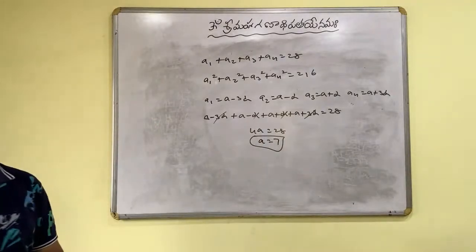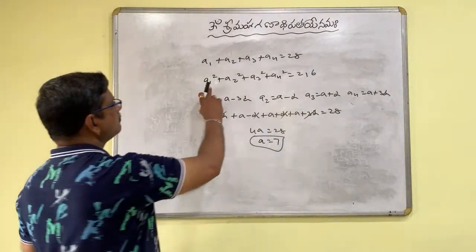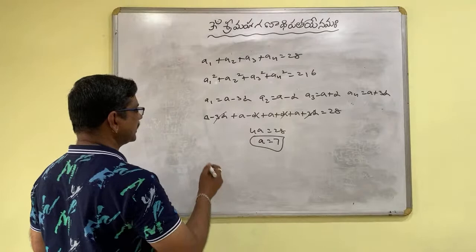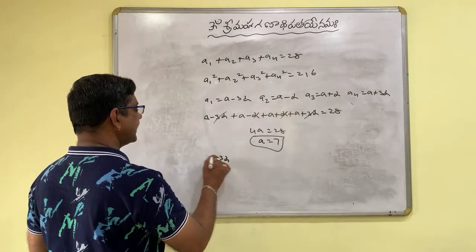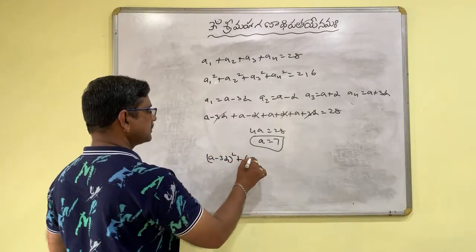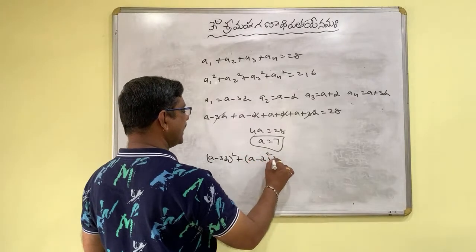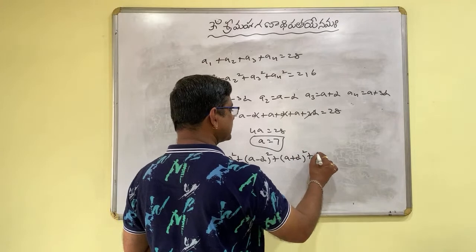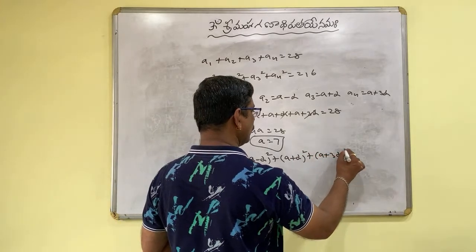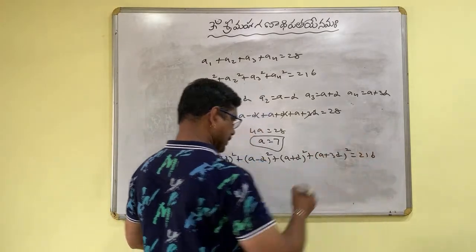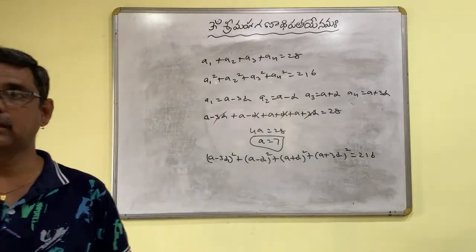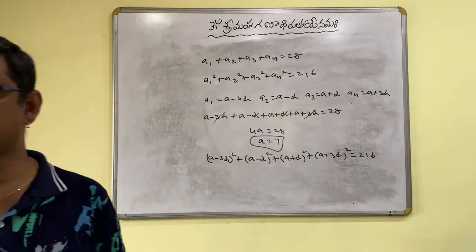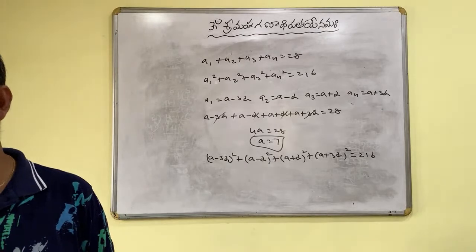We got a as 7. Now the sum of whose squares is given like this. That means a minus 3d whole square plus a minus d whole square plus a plus d whole square plus a plus 3d whole square is 216. And children, we already discussed this question.